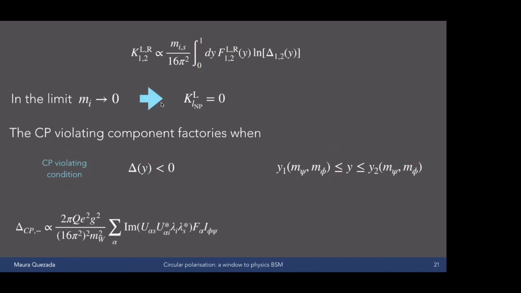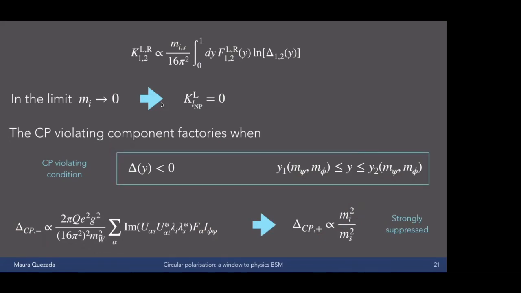And finally, if we compute the integral of this object here within these 2 new integral limits, we obtain the complete form of delta CP for the case of negative circularly polarized photon, which is just the result of the full expression of this. And as I said before, delta CP plus, which is proportional to the mass of the active neutrino squared, is strongly suppressed. So there's not much contribution from this case.